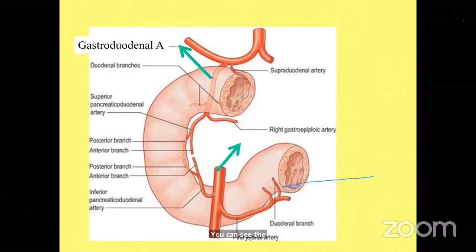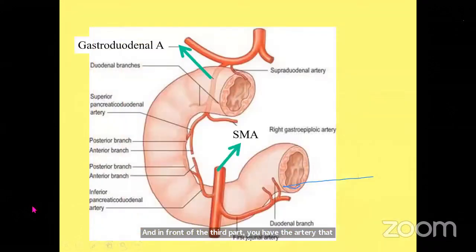And in front of the third part, you have the superior mesenteric artery, which gives off the inferior pancreaticoduodenal, which further divides into anterior and posterior branch. These two, the superior pancreaticoduodenal from the gastroduodenal and the inferior pancreaticoduodenal from the superior mesenteric artery, anastomose, and that anastomotic arcade supplies the duodenum.